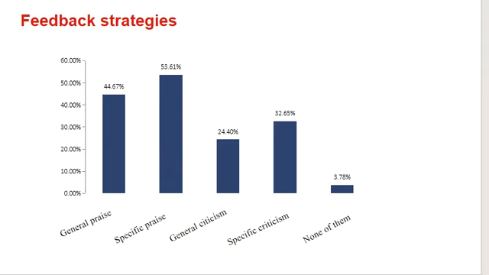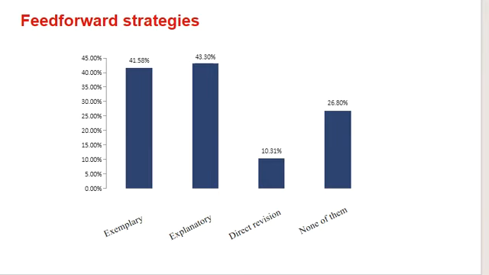But the general criticism and specific criticism are much lower, which amount to just 24.4% and 32.65%, with 3.78% of none of them. And as for the feed-forward strategies, exemplary and explanatory feed-forward strategies are among the highest, much higher than the direct revision.